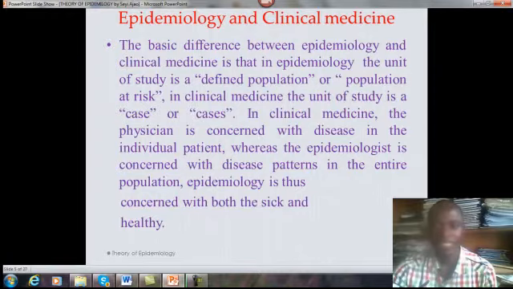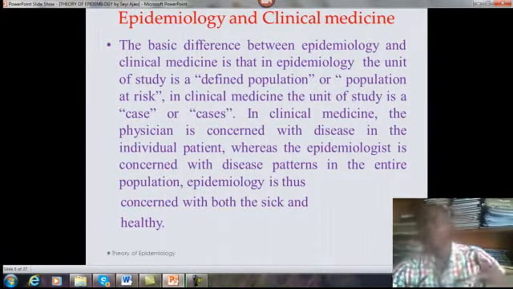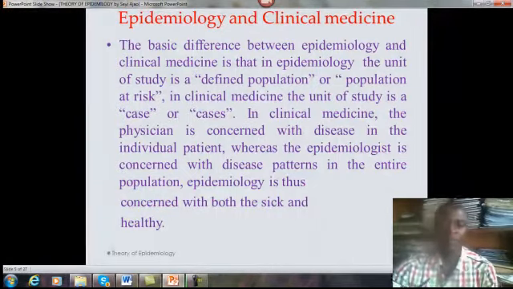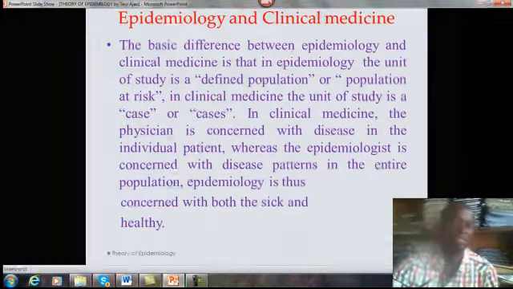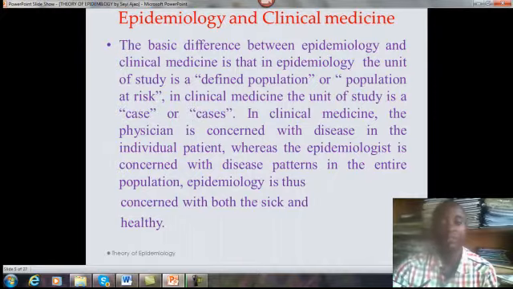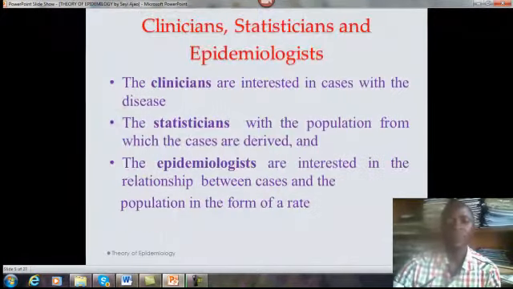In clinical medicine, the physician is concerned with disease in individual patients, whereas the epidemiologist is concerned with disease patterns, how it occurs, the frequency of occurrence. That's what the epidemiologist is out for. Epidemiology is concerned with both the sick and the healthy.